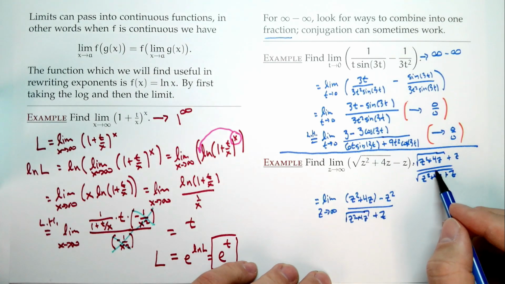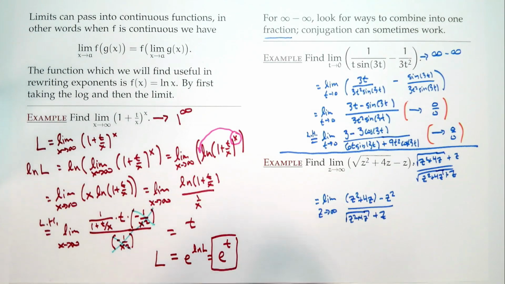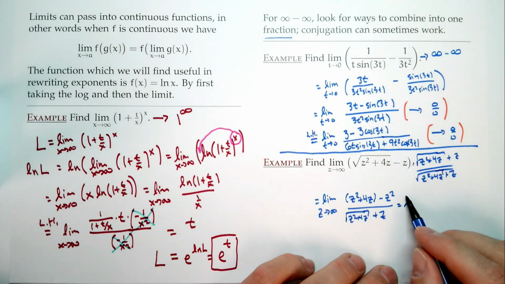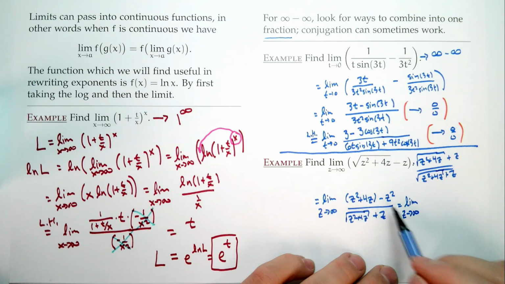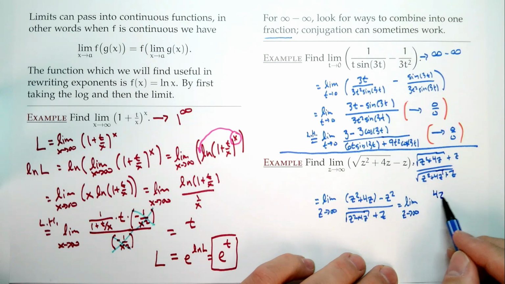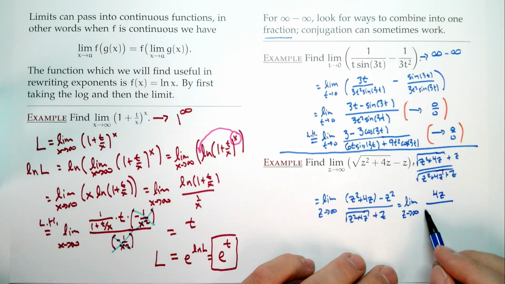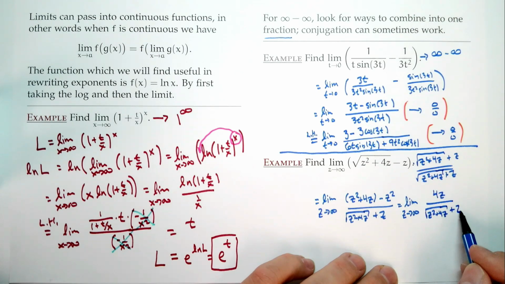So be careful here. This square root ends there. All right. Well, that simplifies nicely upstairs. So that's the limit as z goes to infinity. Z squared minus z squared, that's 4z. Downstairs, square root of z squared plus 4z plus z.